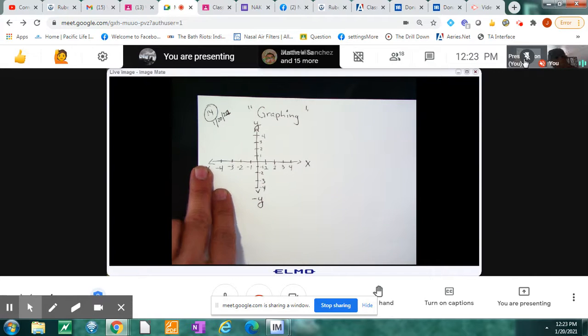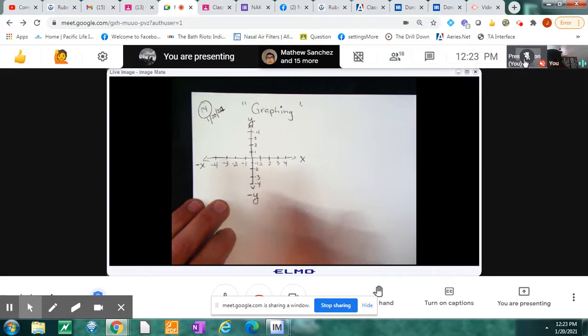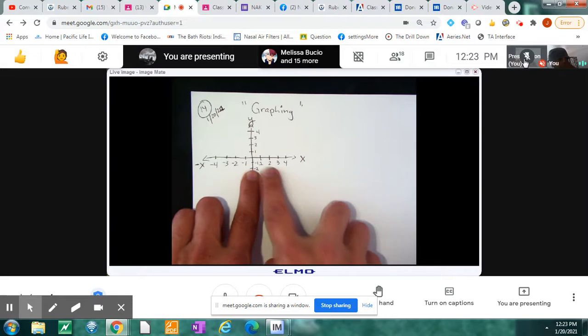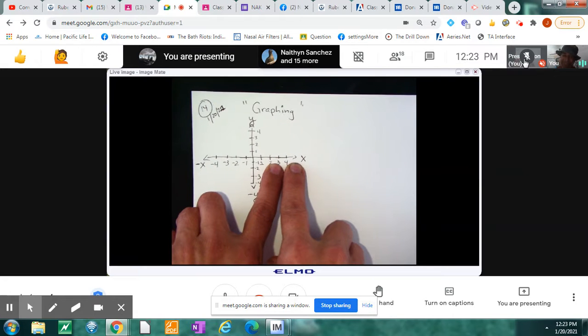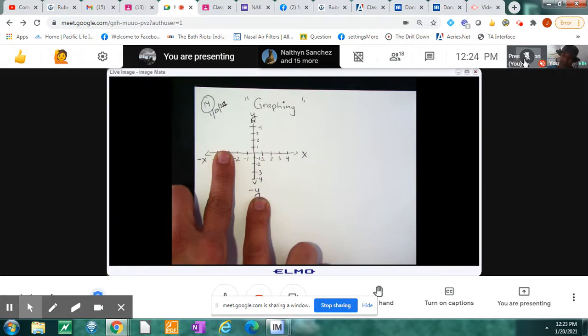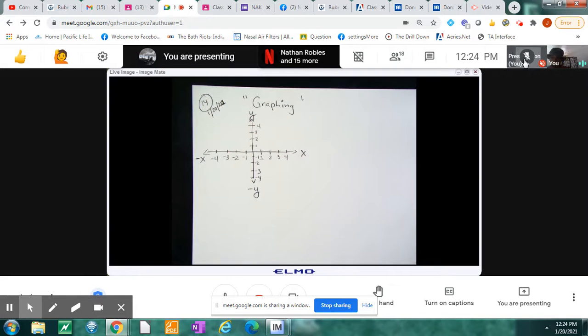So the first quadrant. Remember, there are two lines. This is called your x-axis, and this is your y-axis. When you're graphing coordinates, you need two numbers, obviously.